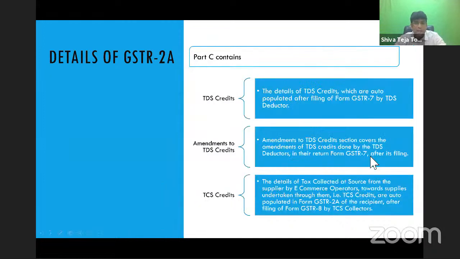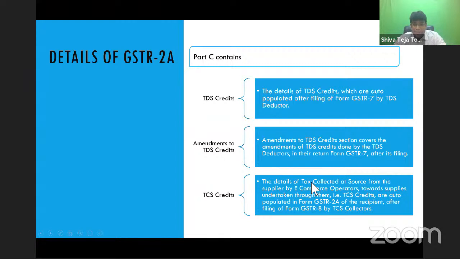Next. Part C. Part C contains details of TDS credit, which are auto-populated after filing of GSTR 7 by TDS deductor. Already we spent time on this. Then the amendments to TDS credit section covers amendments to TDS credit done by the TDS deductor in their return form GSTR 7 after its filing.